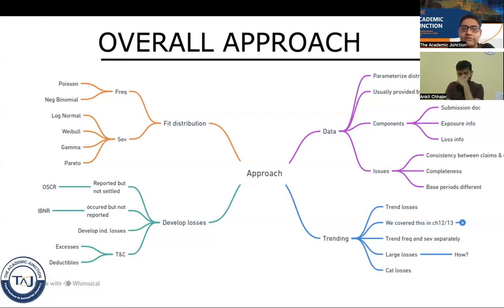A couple of issues that generally you get from a data perspective when you're collecting data is consistency between claims and premium information is generally not very accurate because this is human provided data, right? And there's always going to be errors in there. Completeness is a major issue, and sometimes base periods could be different, right?